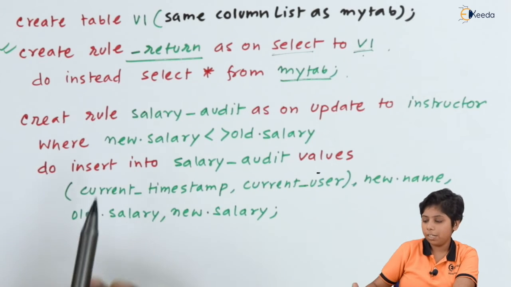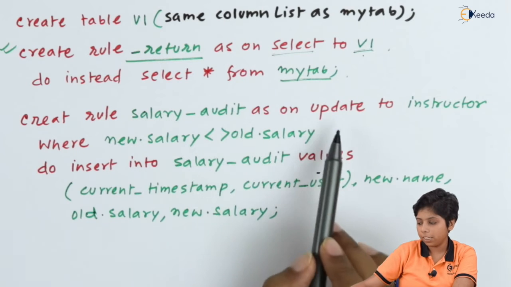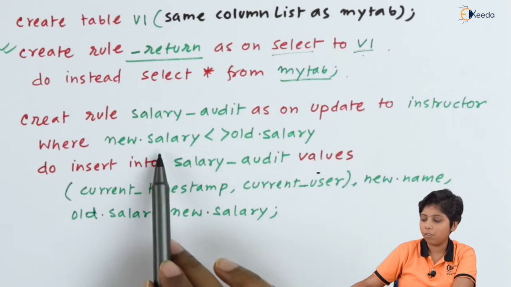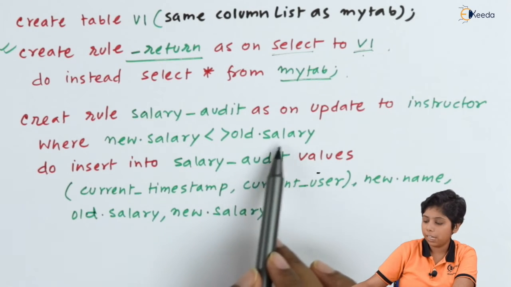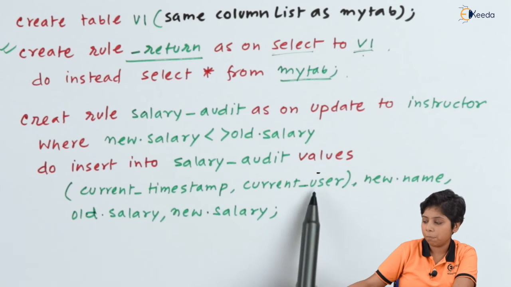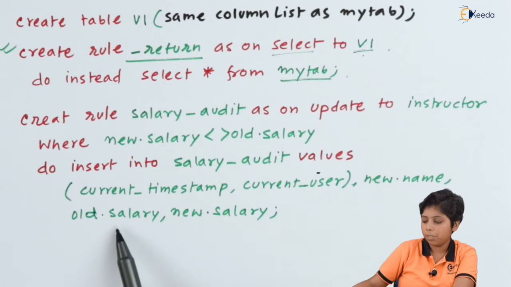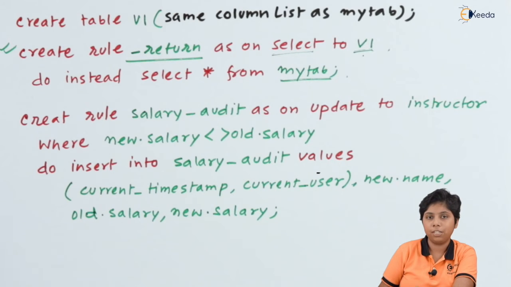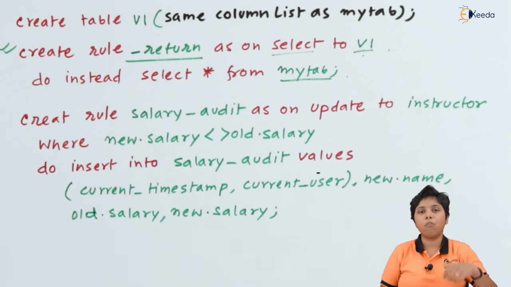Creating a rule sal_audit to update the instructor when new salary is not equal to old salary, and then insert the log into the values where we are inserting the timestamp, user, new.name, old.salary and new.salary. So we are inserting a log inside this rule. Now whenever we perform this rule, we will insert every instructor into this log.